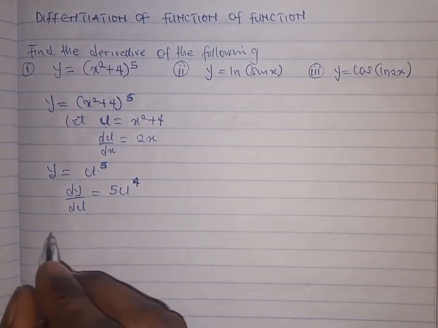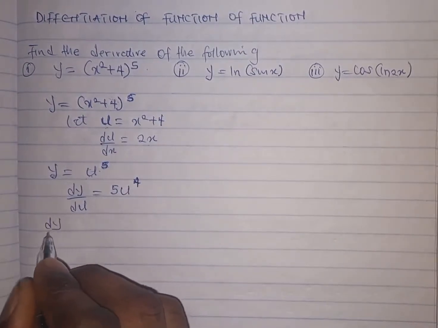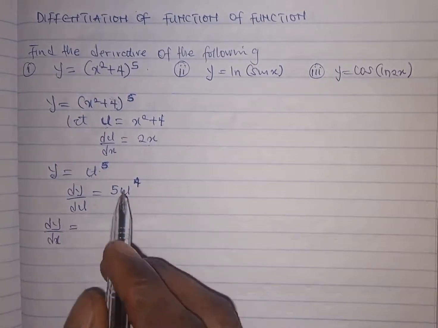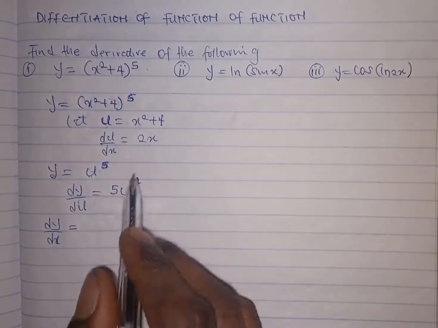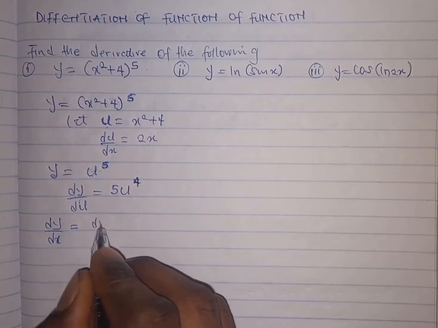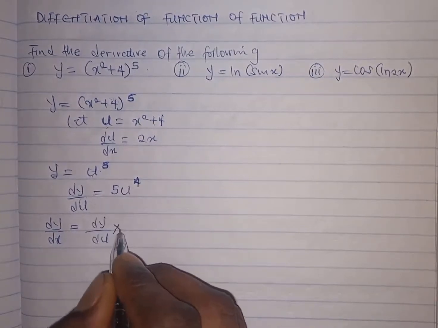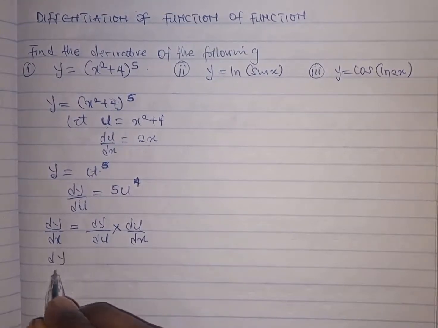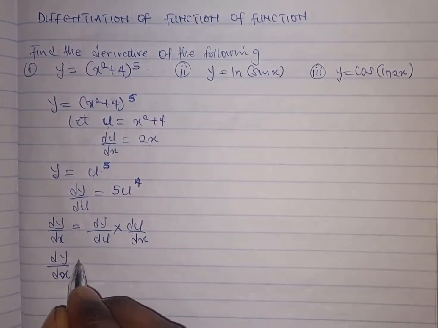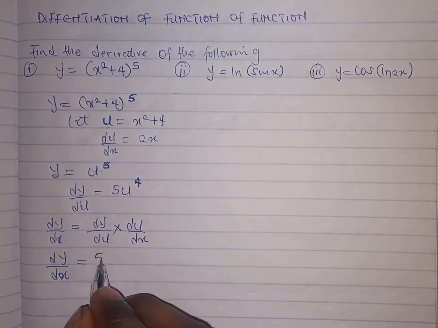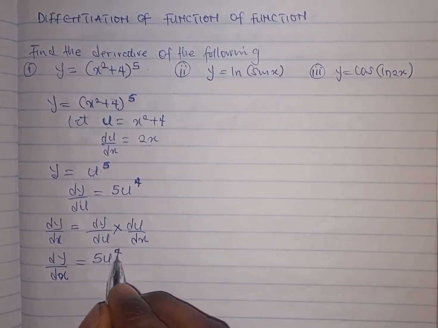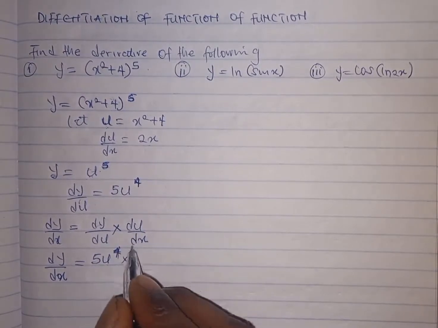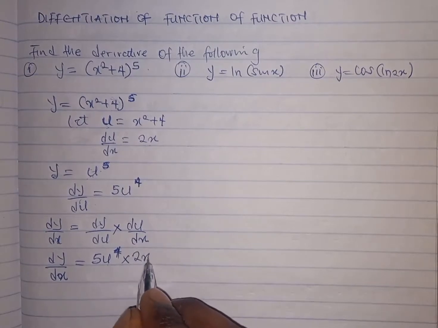Finally, what you're going to do is say your dy/dx will be equal to this multiplied by that. You are bringing everything back together. So it's dy/du multiplied by du/dx. Your dy/du is 5u raised to the power of 4, multiplied by your du/dx, which is 2x.